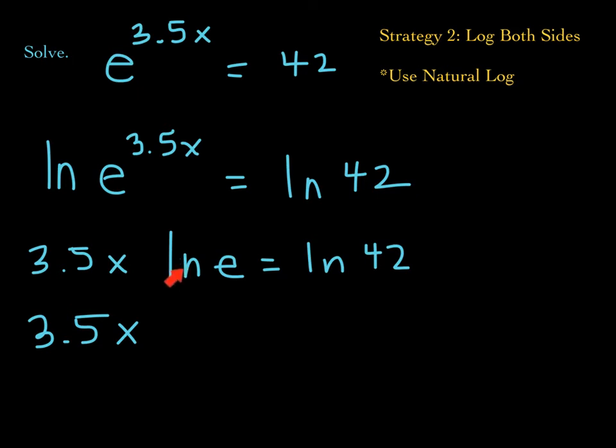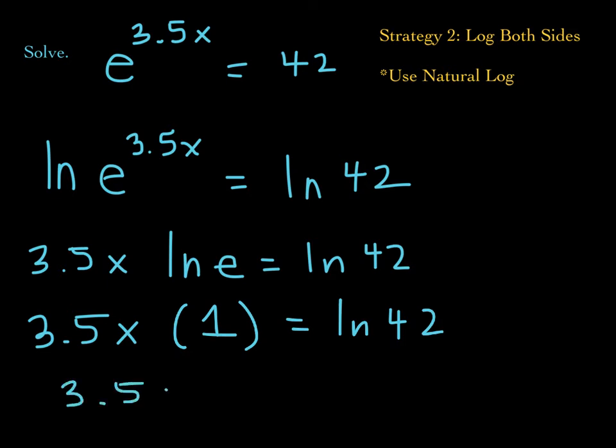So what exponent do you raise e to in order to get e? 1. So natural log of e is just 1. That is the reason why I took the natural log of both sides, so that the natural log of e would basically turn into 1, which is now just gone, right? So that simplified really nicely.